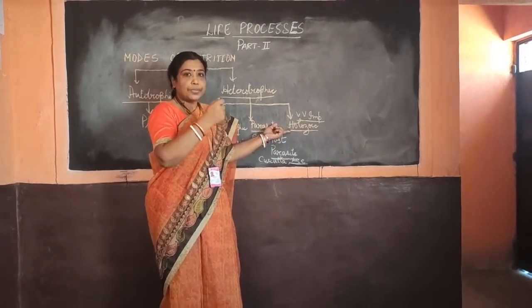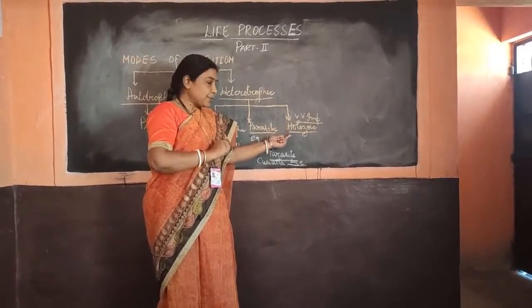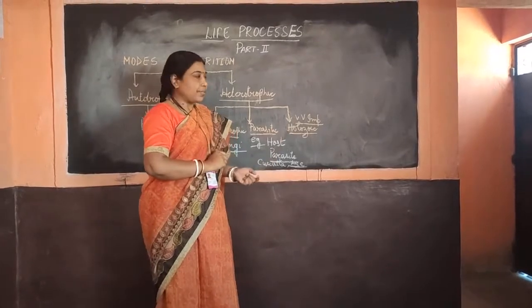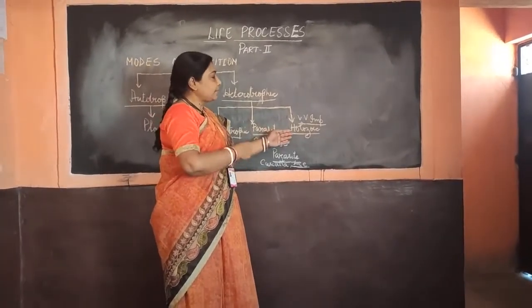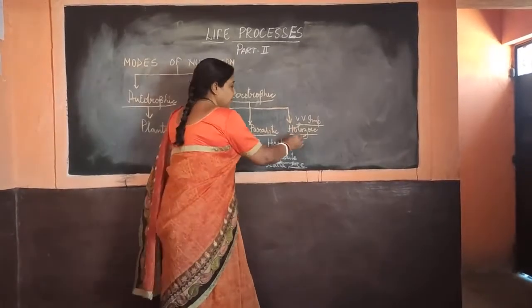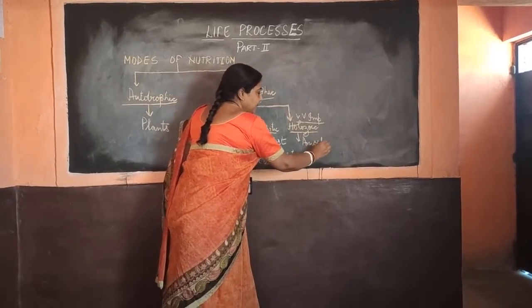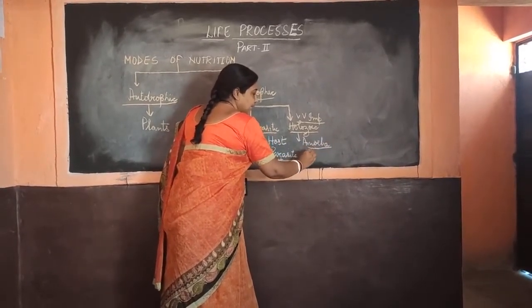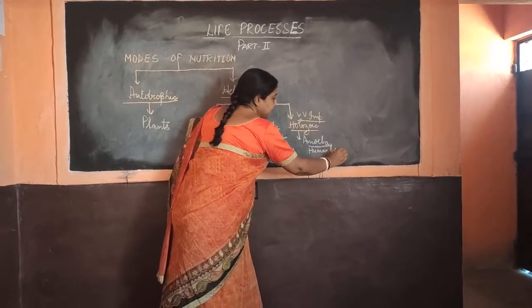Ingestion, that process is known as ingestion, then it is digested, then absorbed, and then the rest of the work is done by the entire process of digestion. So holozoic mode of nutrition you will be able to see in amoeba, and the best example are we, that is the human beings.